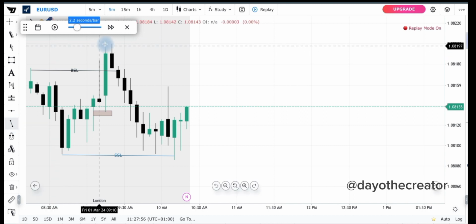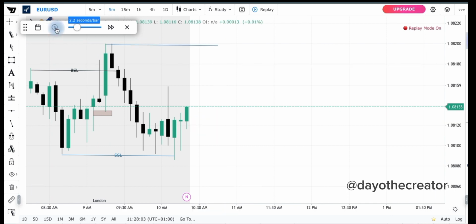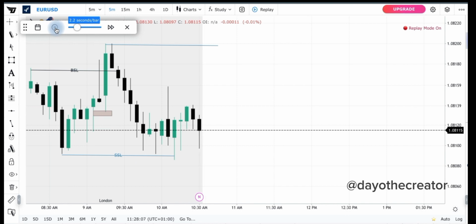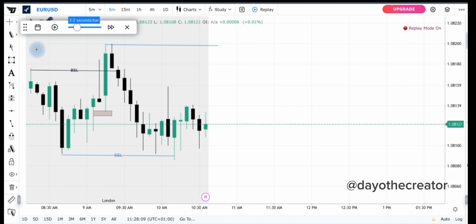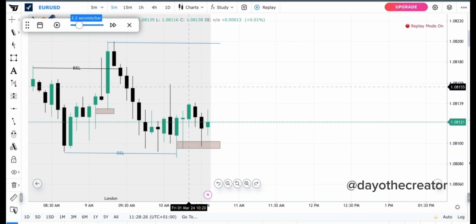You can target this liquidity at the top. So let's see how it goes. So now you can just use the order block or your fair value gap over here.